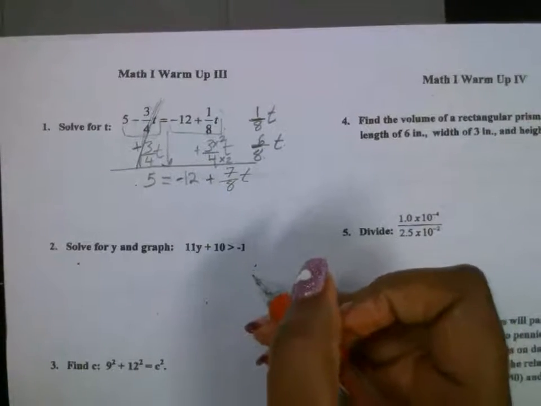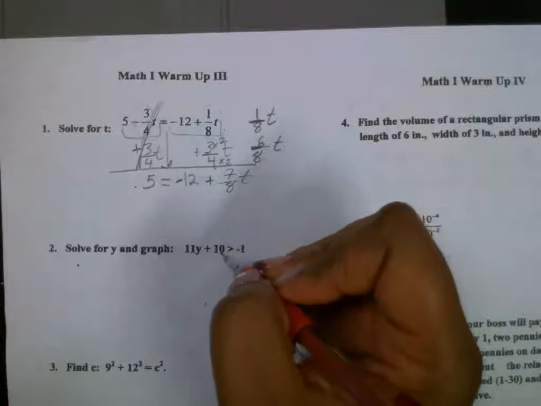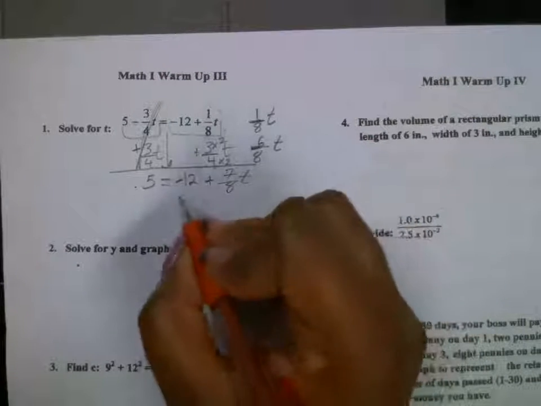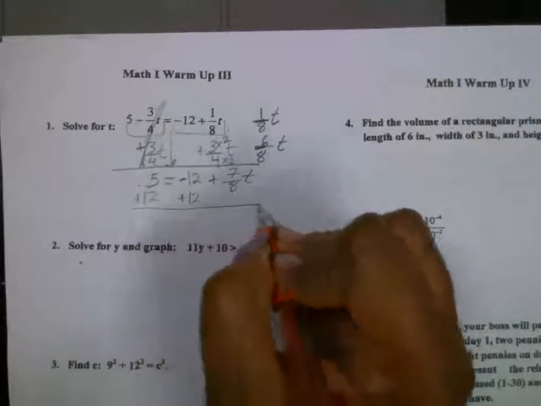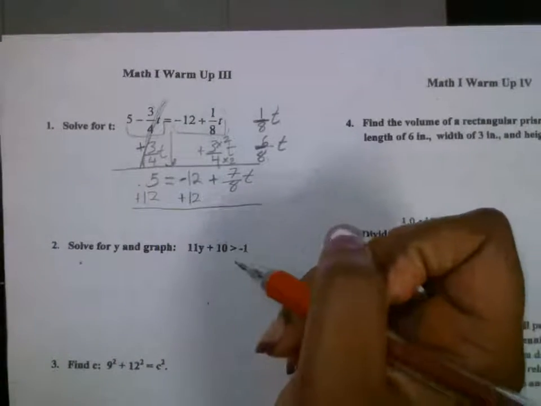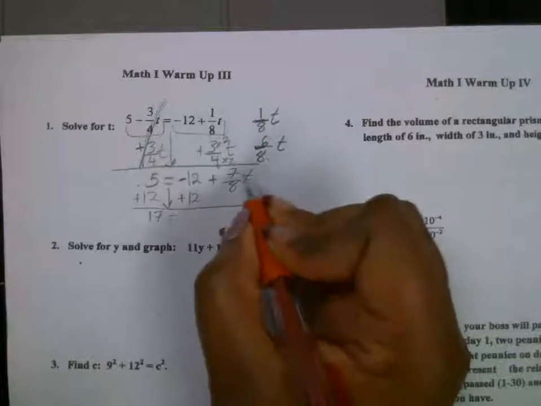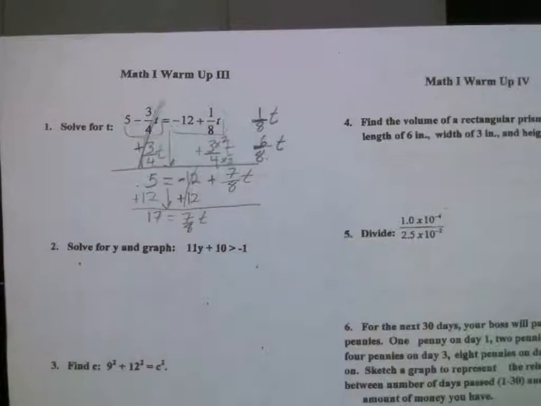Now we have to get t by itself. So what do we do to get t by itself? No. Multiply. Add the 12. Get rid of any number that you can add or subtract first. What's 5 plus 12? 17. Okay. Then this is gone, and I bring down the 7 over 8t, okay?